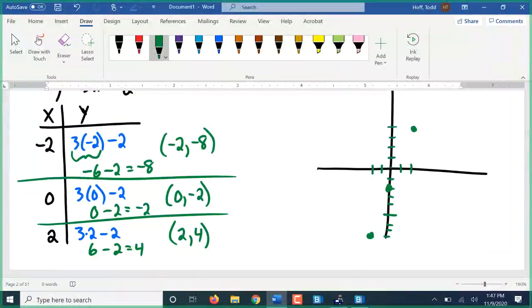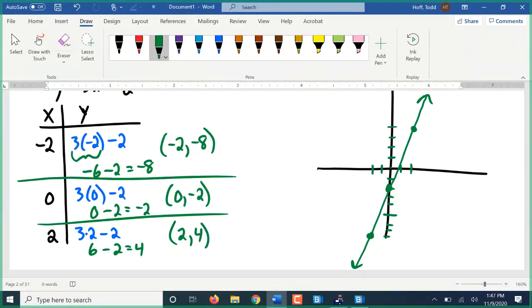Now, at this point, we can see from these 3 points that this forms a line on our graph, like that. So we can just draw that line through those 3 points. Now, I also happen to know from the form of the equation that this was going to form a line.